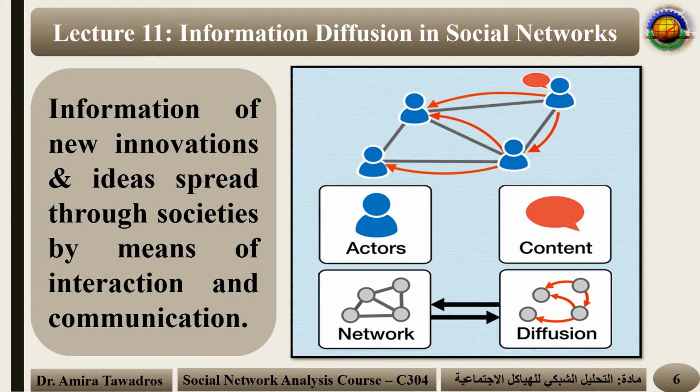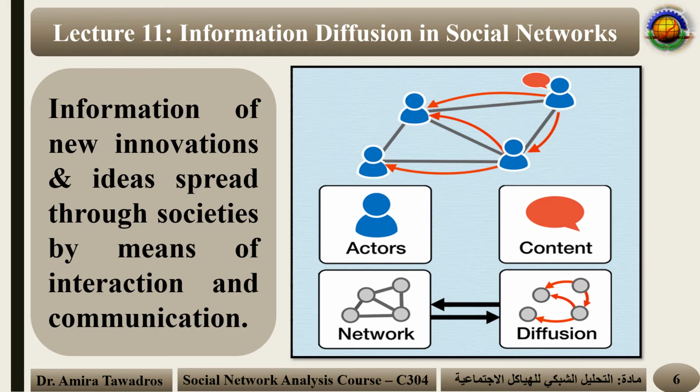The diffusion happens for any idea, and you may notice that through your friendship networks, for example, or through your local societies, you will find ideas spread and they are contagious. So diffusion of new innovations and ideas spreads through society, but how? They spread through societies by means of interaction and communication.